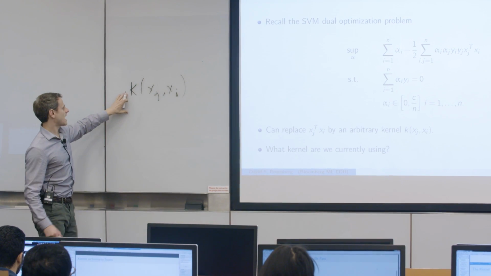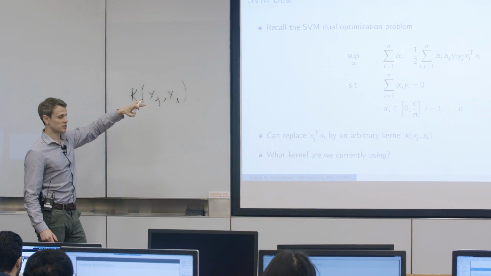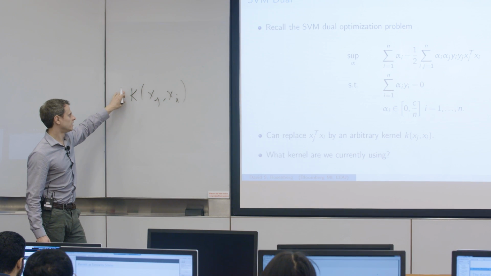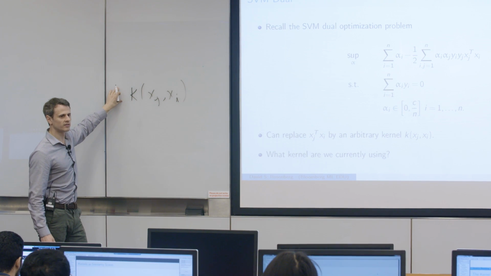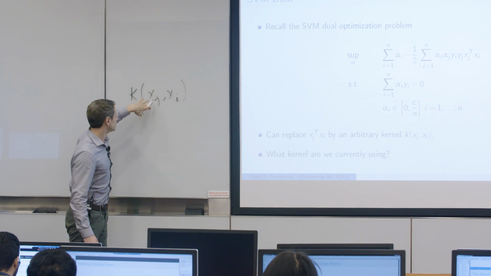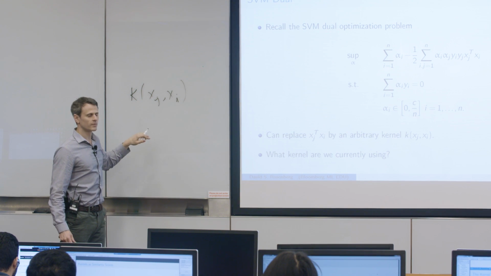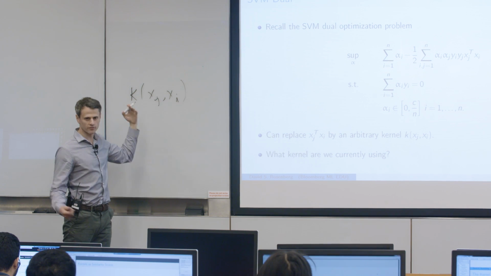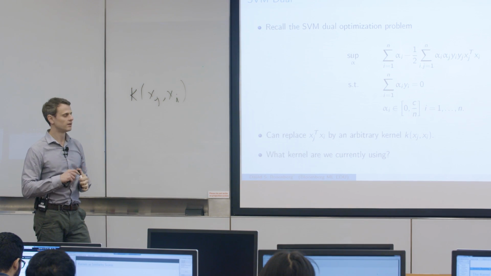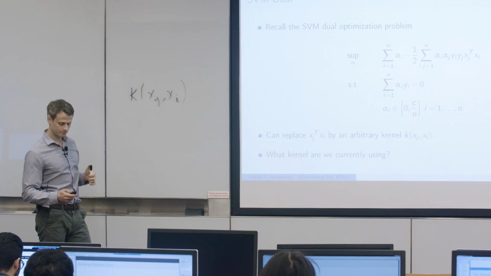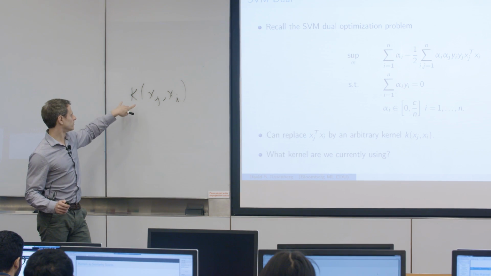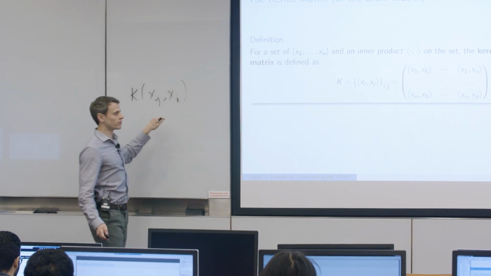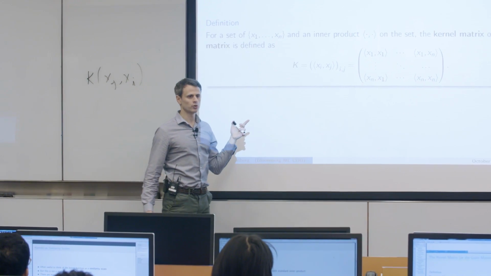We'll only ever need to access, at least in this optimization problem, the evaluations of this kernel function on all n squared combinations of points of x, right? Because we're only evaluating k at xi's and xj's for xi and xj being some of our n training points. So we can write down all of the evaluations of the kernel function that we're ever going to need in what's called a kernel matrix or a gram matrix.